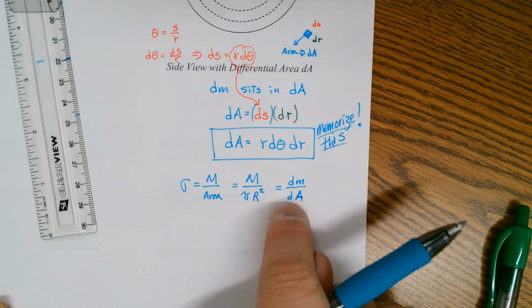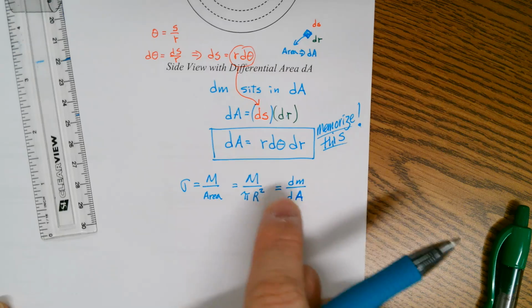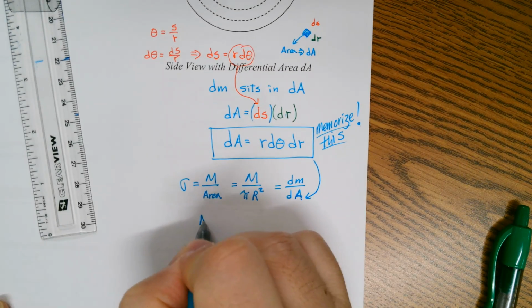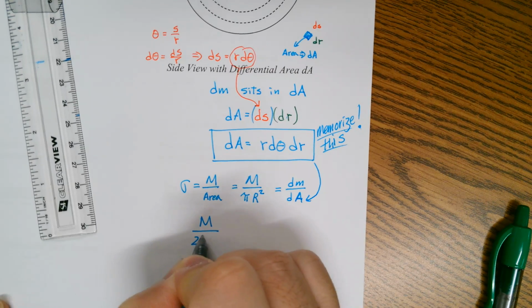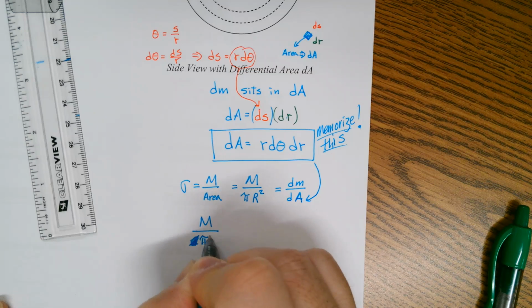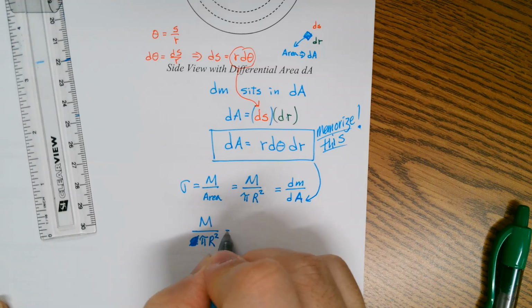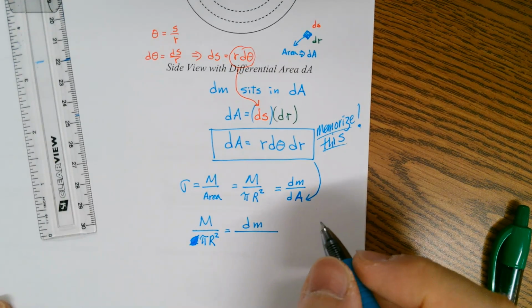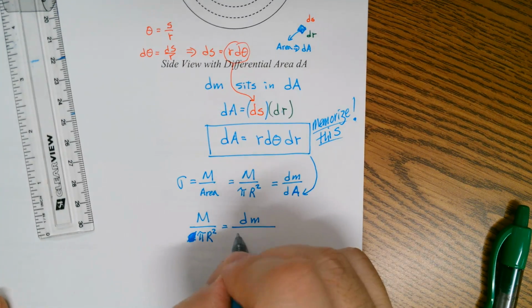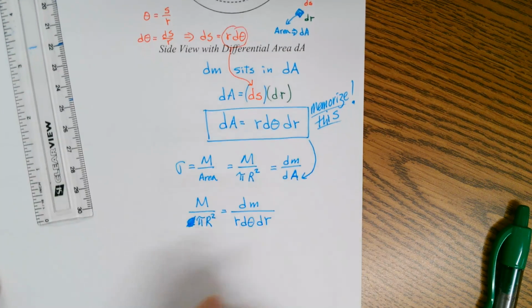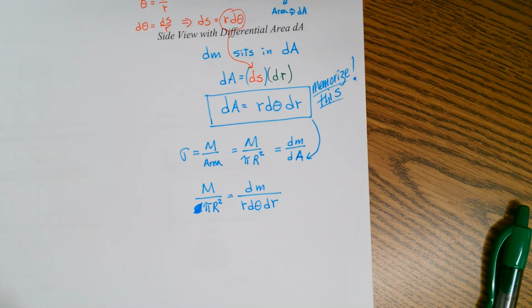Therefore, if I calculate for my dm, substituting this dA in here, I have m over pi r squared must equal dm over r d theta dr.